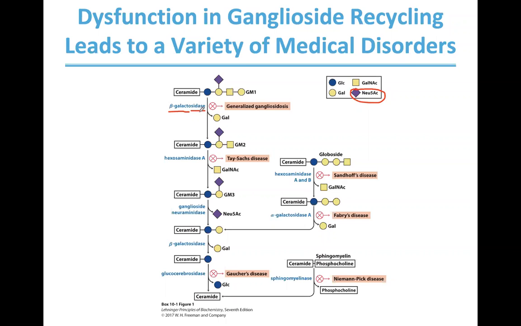And if this enzyme is underexpressed, if there's a shortage of this enzyme, or there's a mutation in this enzyme, then that will lead to the disease known as generalized gangliosidosis.